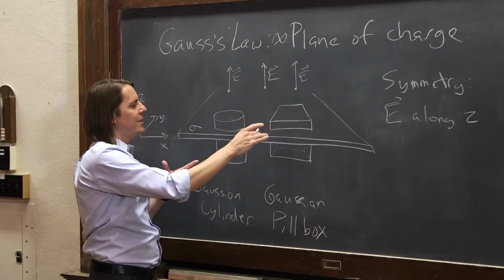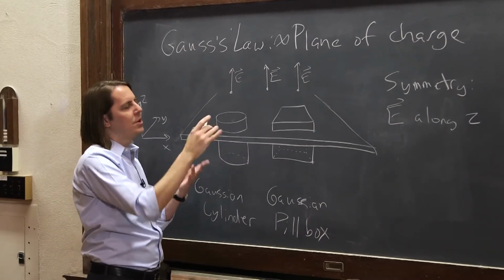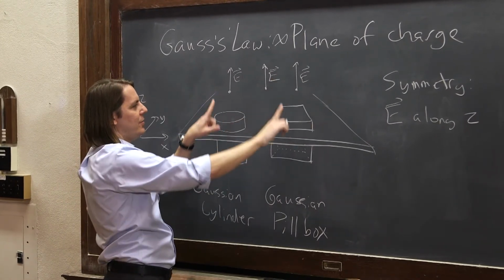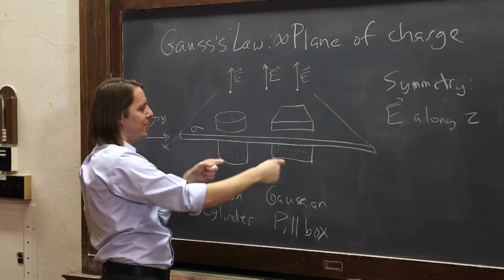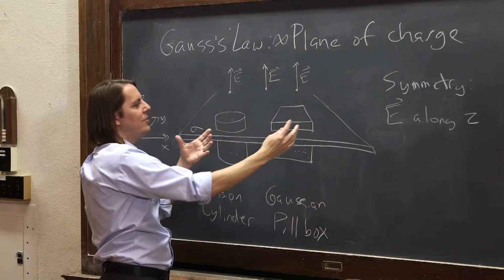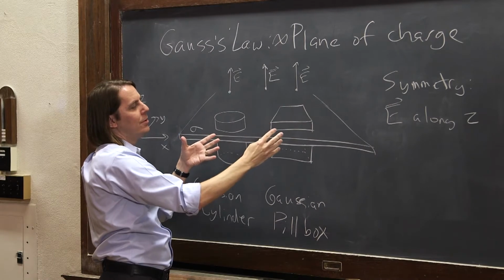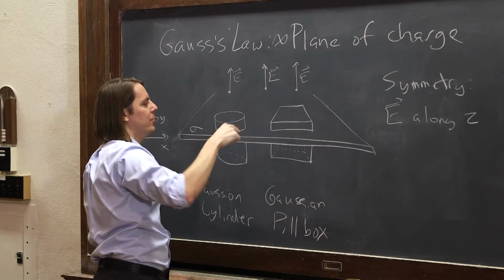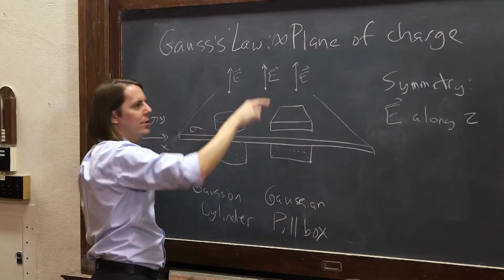Right? So each one of these actually has 3 kinds of surfaces. They have a top that has its area vector in one direction, they have a bottom that has it in the opposite direction, and they have sides, which in terms of Gauss's law are actually equivalent, because the sides all have area vectors that point perpendicular to the E field.